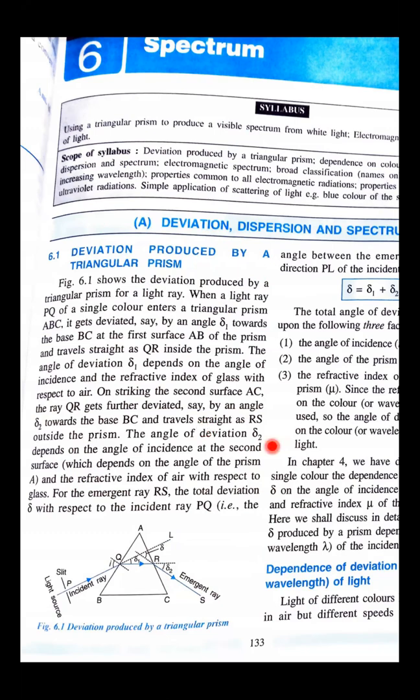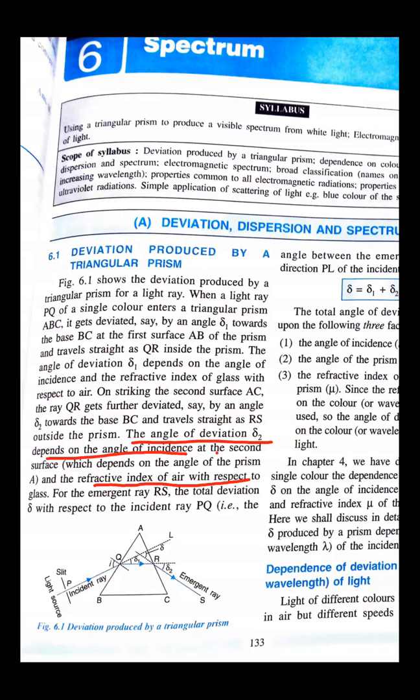The angle of deviation delta 2 outside depends on the angle of incidence at the second surface and the refractive index of air with respect to glass. So it will depend on two things: the angle of incidence and the refractive index. Two important things on which the angle of deviation is dependent.